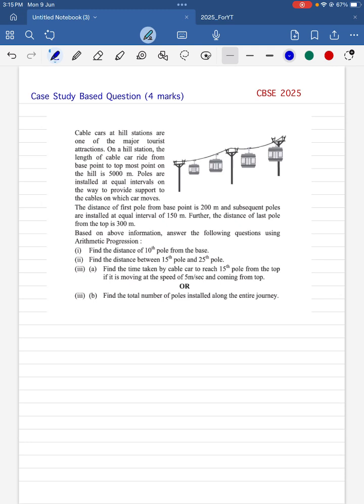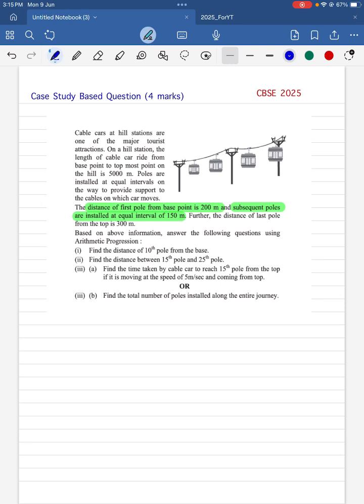Now the first question is find the distance of the 10th pole from the base. Before we start, let's try to write out the AP. They've said that the distance of the first pole from the base point is 200 meters and subsequent poles are installed at equal intervals of 150 meters.